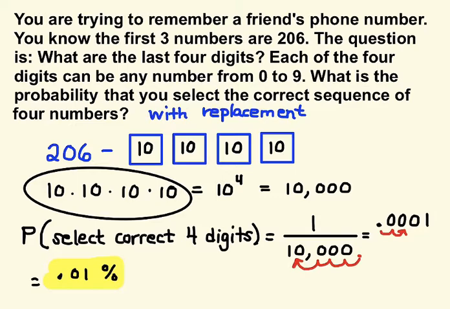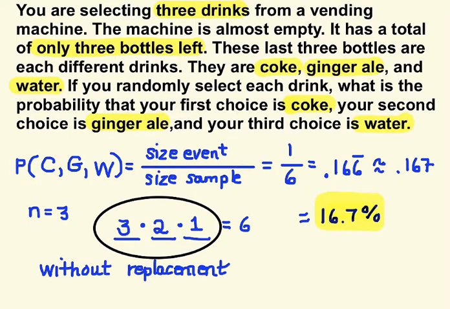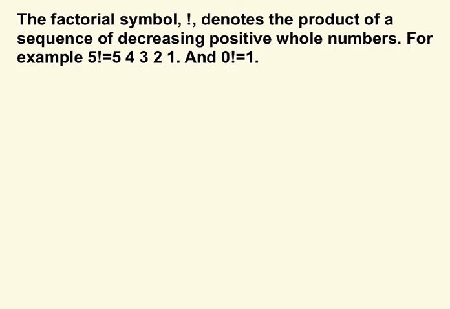So with replacement, that's what this is, versus without replacement, and it's n times n minus 1 times n minus 2, etc. So this without replacement brings us into the factorial symbol. And the factorial symbol is an exclamation point.